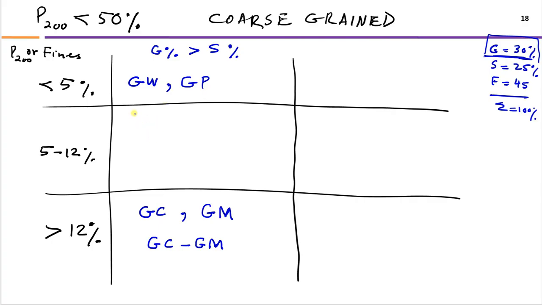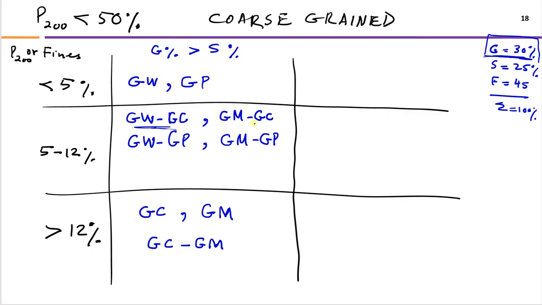It is going to be either well graded gravel with some clay, GWGC, or I can write GMGC. Okay. There is another possibility, GWGP, or it is going to be GMGP. Actually, the first means this is well graded gravel with some clay.